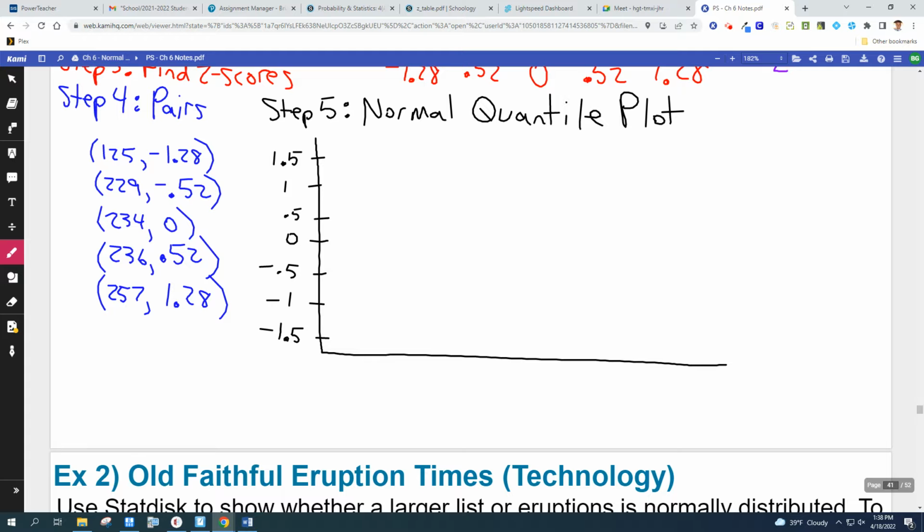As for my X scale, I'm going to start at 120, 130, 140, 150, 160, 170, 180, 190, 200, 210, 220, 230, 240, 250, 260, and that's going to be good enough. Okay, so let's graph those points.